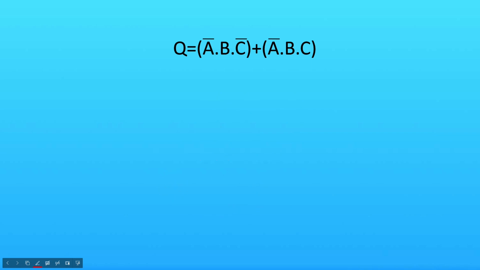This was a fairly simple example, just to get familiar with the concept that you can always take out a common factor. Always take out the largest common factor, because it'll make the simplification a lot easier than taking out a smaller one. For instance, if we just take out not A, we get not A and, B and not C, or B and C in the brackets.